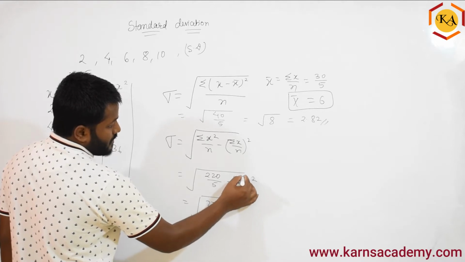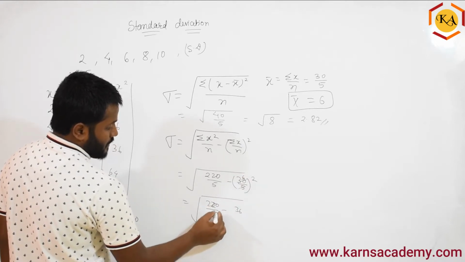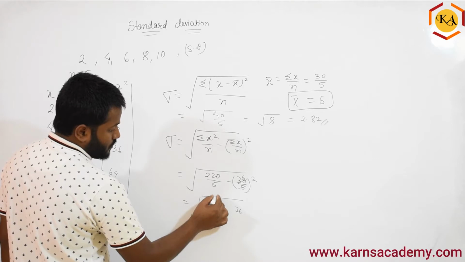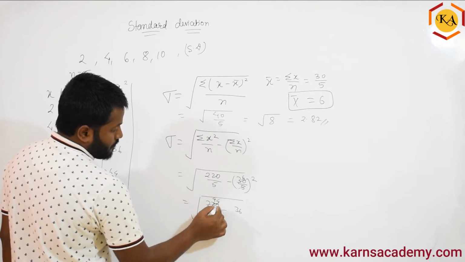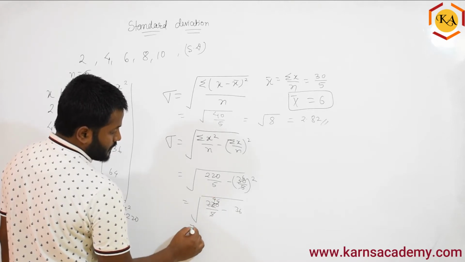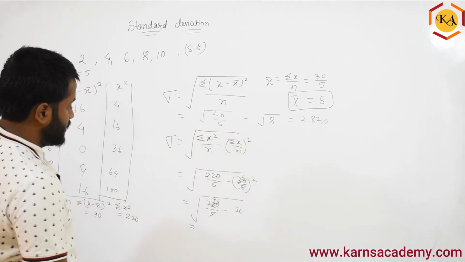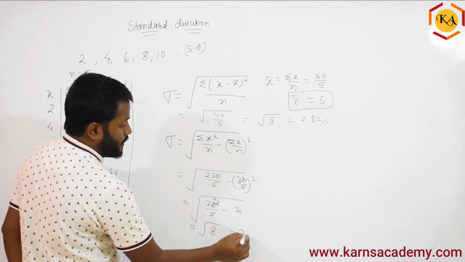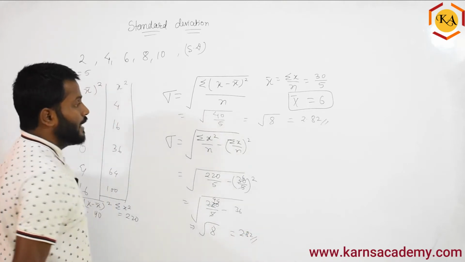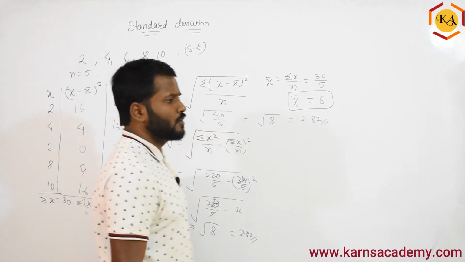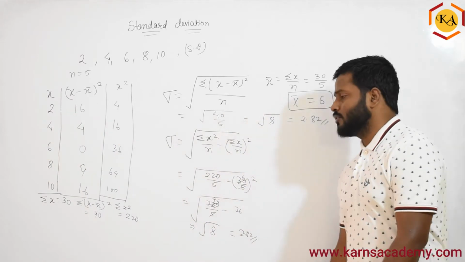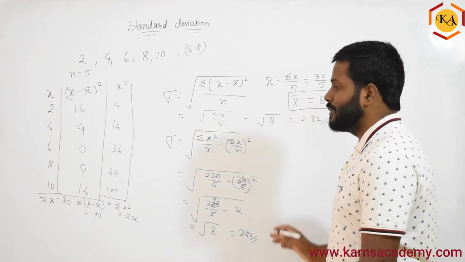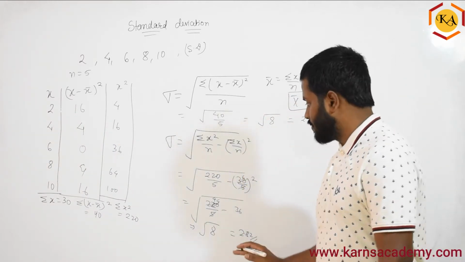So I can cancel this, 30 by 5 is 6, and 6 square is 36. 220 by 5 is 44. So 44 minus 36 is 8, so square root of 8. Of course it's the same value, so you are going to get 2.82, right? So whichever formula you use, whichever you feel is easy, you can use it, and the answer will remain the same, right?